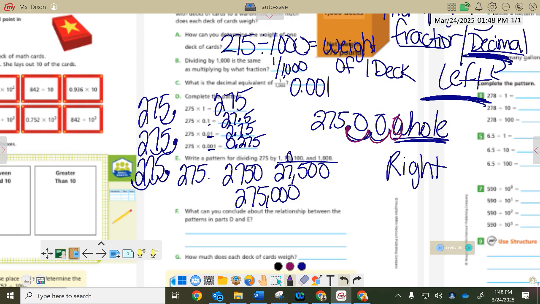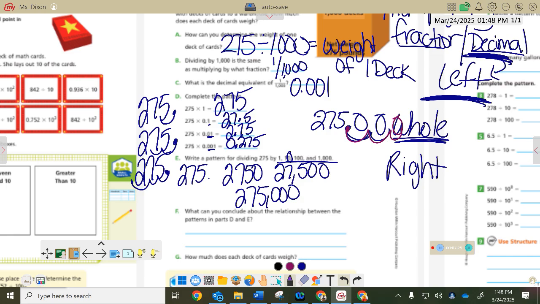Question F says, what can you conclude about the relationship between part D and part E? In part D, we are multiplying by fractions or decimals. Remember, those two are equivalent. What is happening to our place value?